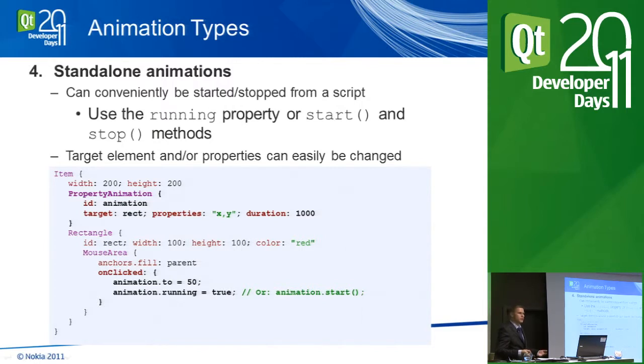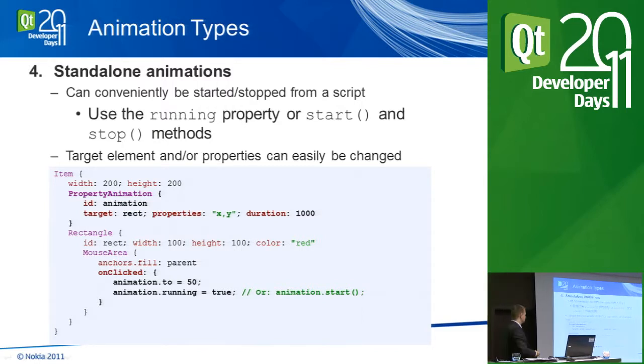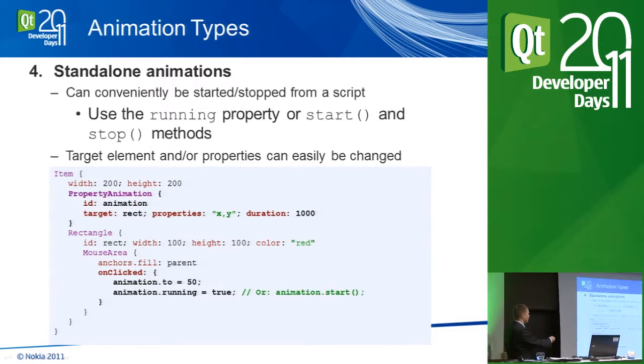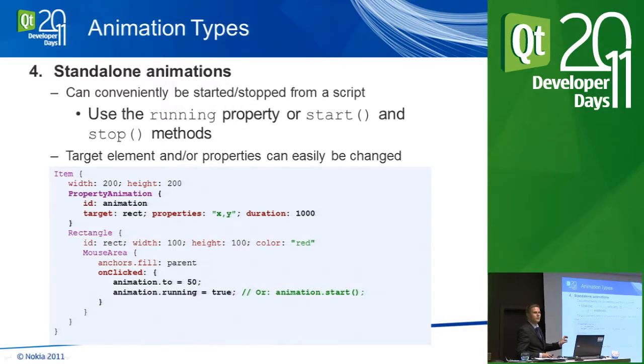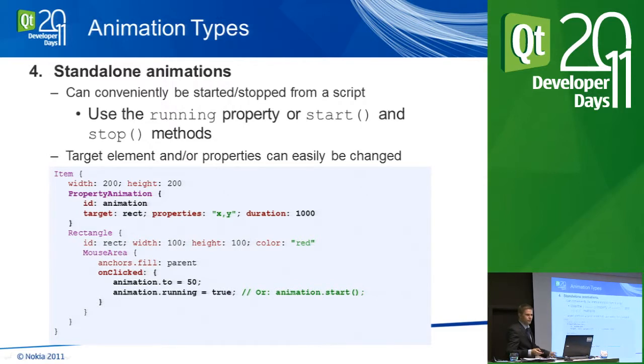Everything else is something we have seen already. And yet again, we give the animation an ID. We are referring to it by that ID and modifying its properties. We can change the to value and we can make it run. We have a couple of different ways. We can use the running property and modify it directly, or we can just use a function to do that.